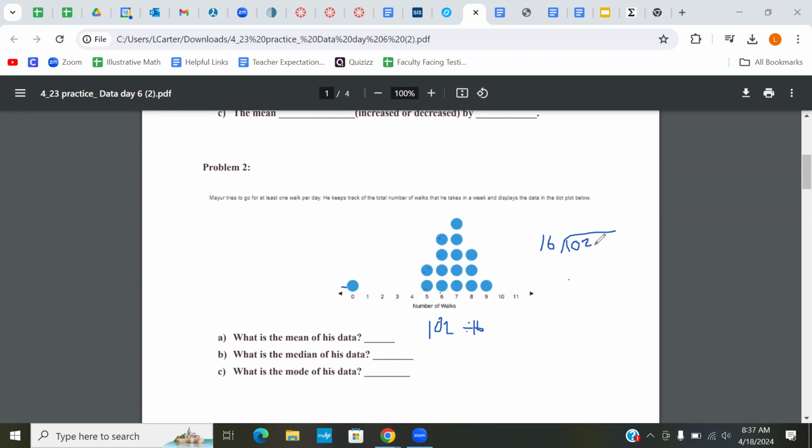102. Again, you can use a calculator here, but I'm just wanting to make sure we don't forget how to do this. 16 times 6 is 96. Okay, that's a remainder of 6. Bring the 0 down. Okay, so 16 times 3 is 48. Subtract that. You're going to get 12.